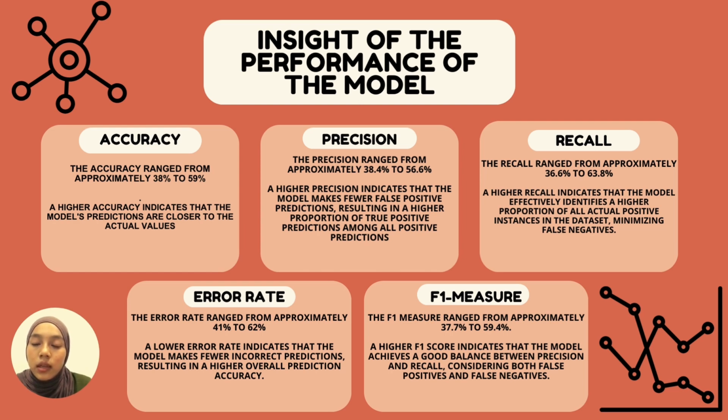A lower error rate indicates that the model makes fewer incorrect predictions, resulting in a higher overall prediction accuracy. And lastly, the F1 measure ranged from approximately 37.7% to 59.4%. A higher F1 score indicates that the model achieved a good balance between precision and recall, considering both false positives and false negatives.